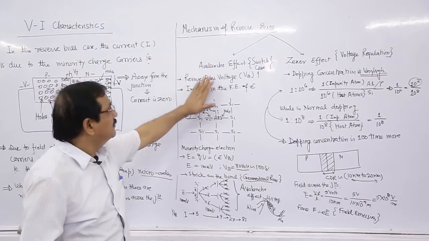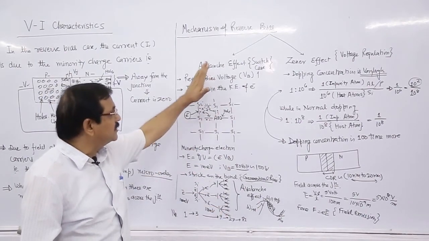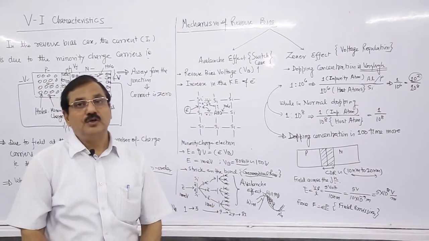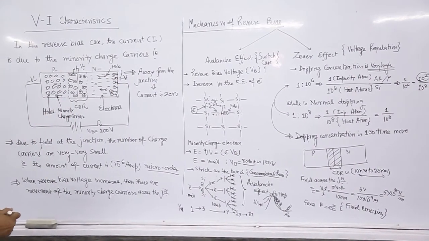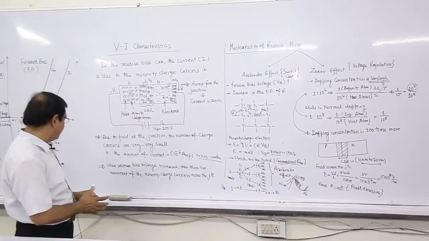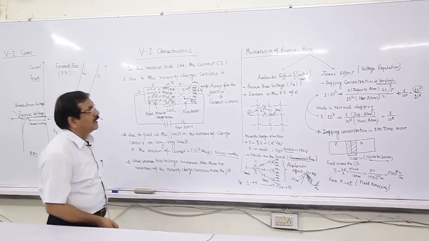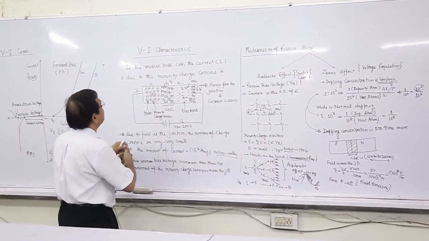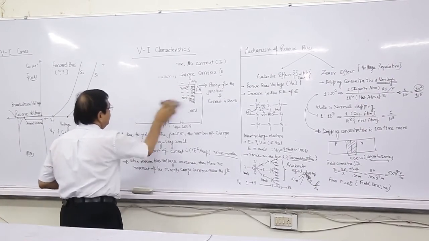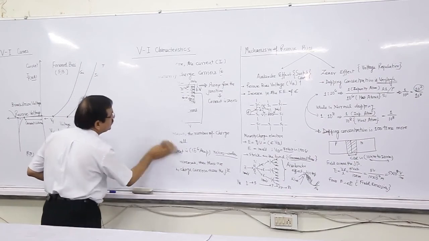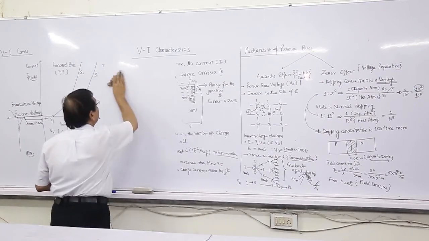Then this reverse bias mechanism is used. So, on the basis of this reverse bias mechanism, if we like to have the switch case, then we can very easily understand this.